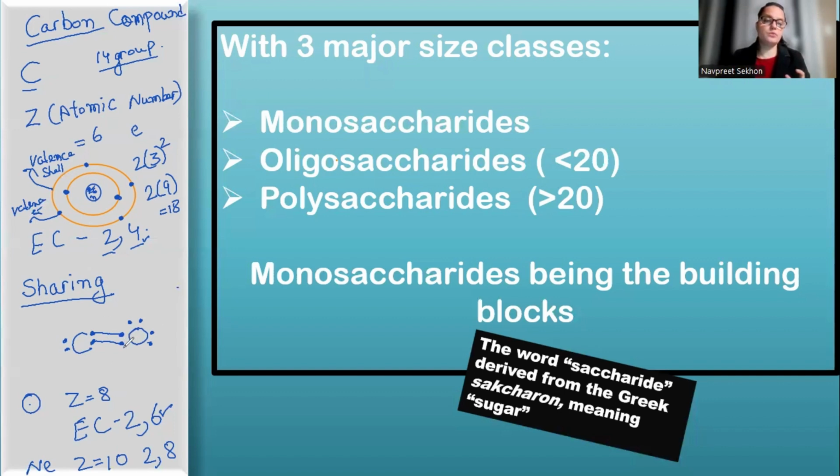Now, let's come to the carbon. We need to count the number of electrons around carbon. 1, 2, 3, 4, 5, 6. So it still has 6 electrons around it. So it cracks another deal with another oxygen atom with 6 electrons in the valence shell.